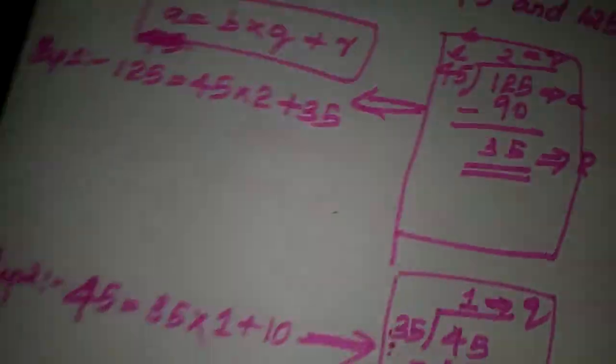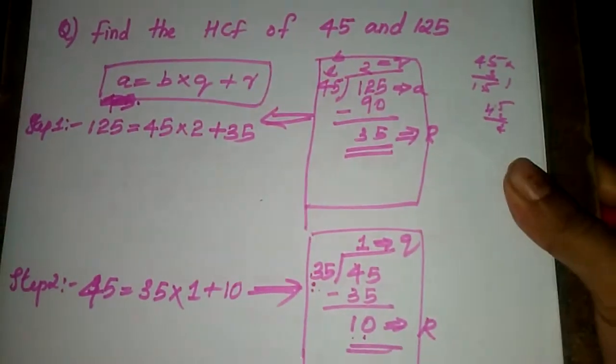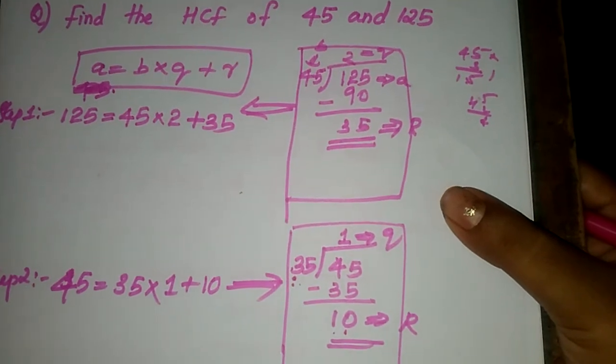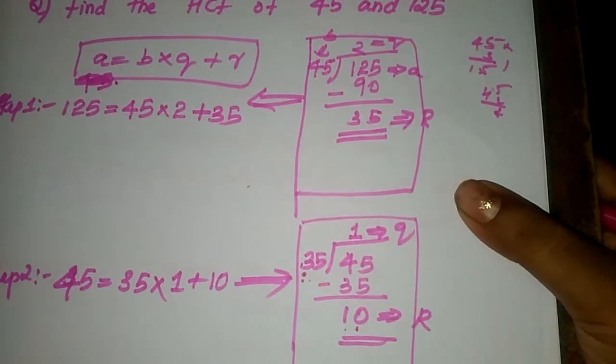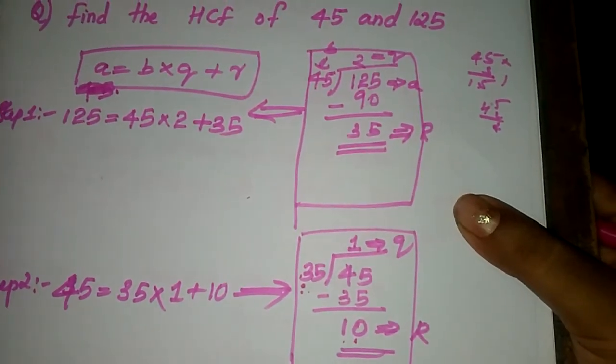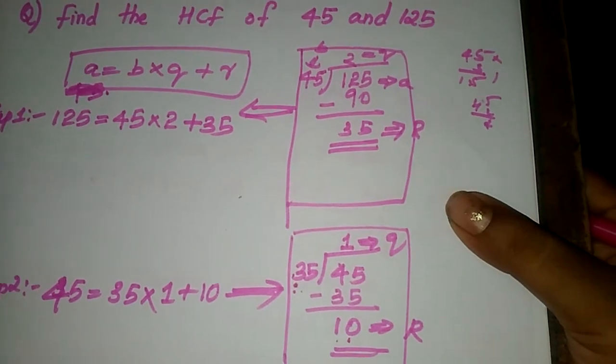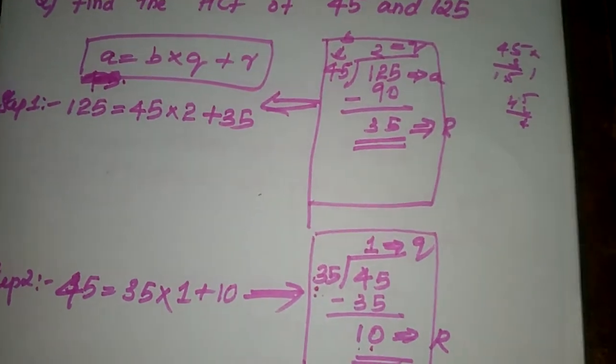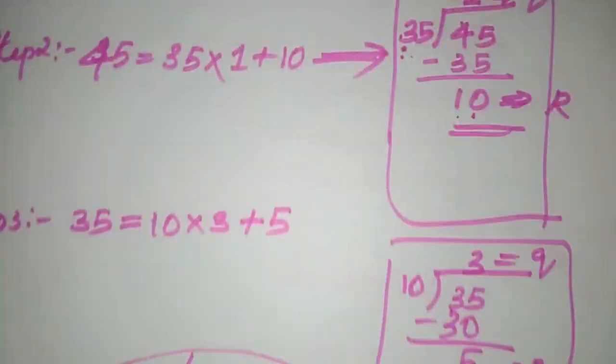I will repeat again how to find it. First we have to do the division, 125 divided by 45. From this we write step 1: 125 = 45 into 2 plus 35. Here the remainder is 35. Up to the remainder becoming 0, we have to do the repeated division and write the Euclid division lemma in each step.